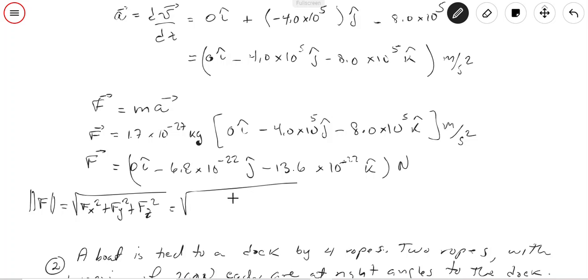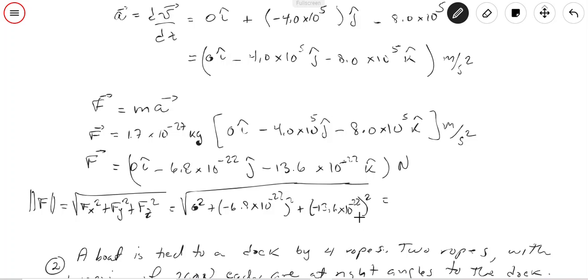So it will be the square root of 0 squared plus negative 6.8 times 10 to the negative 22 squared plus negative 13.6 times 10 to the negative 22 squared.